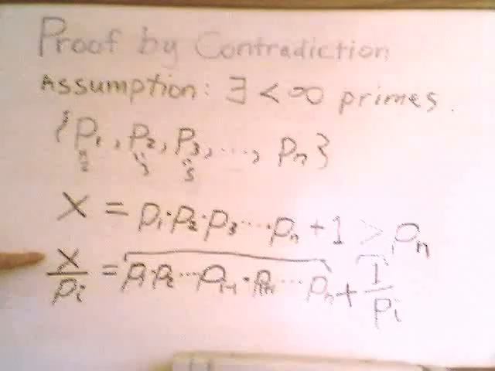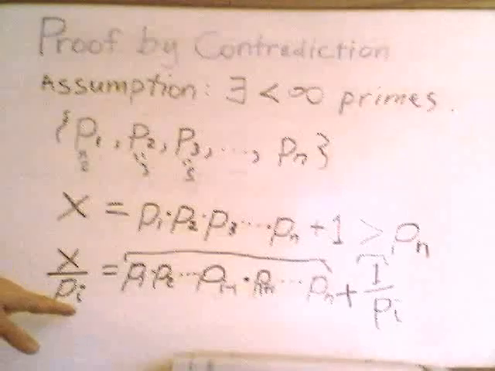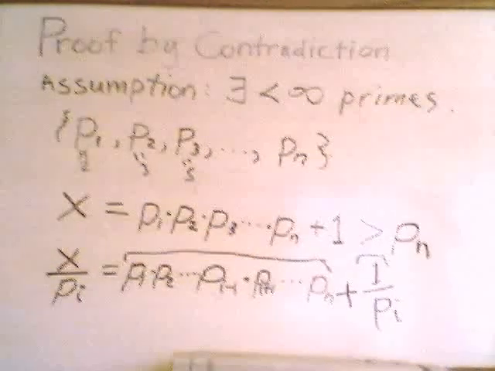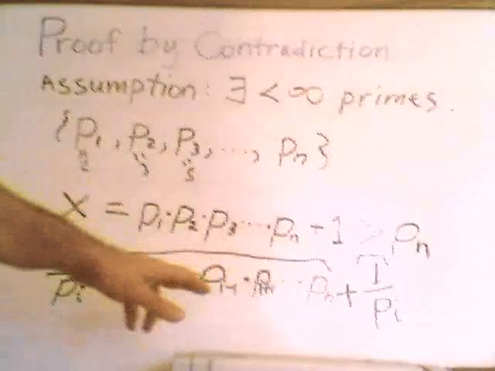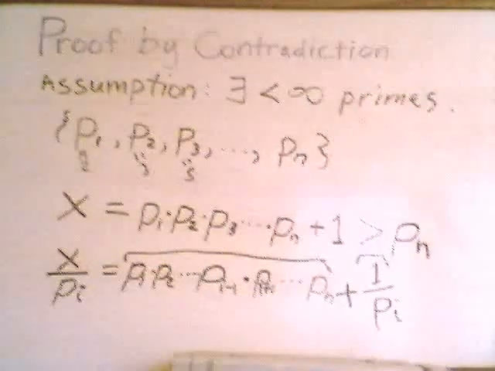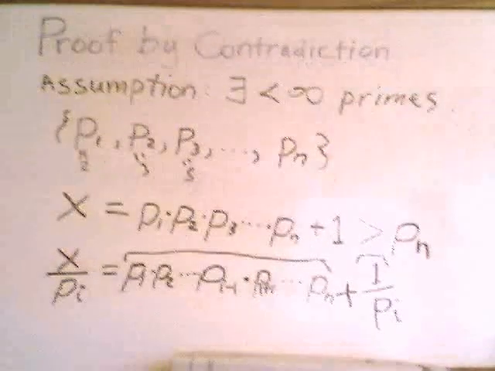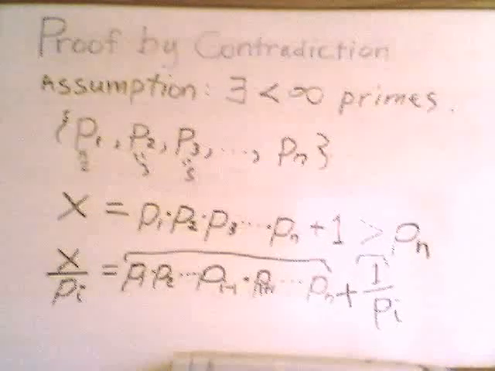So that means here on the other side, x divided by pi can't be a whole number. And this is true no matter what pi I chose. Even if I chose the first or last one, that just means it's lopped off the end rather than the middle, but it doesn't matter. You'll always have this integer thing here plus some fraction round off.